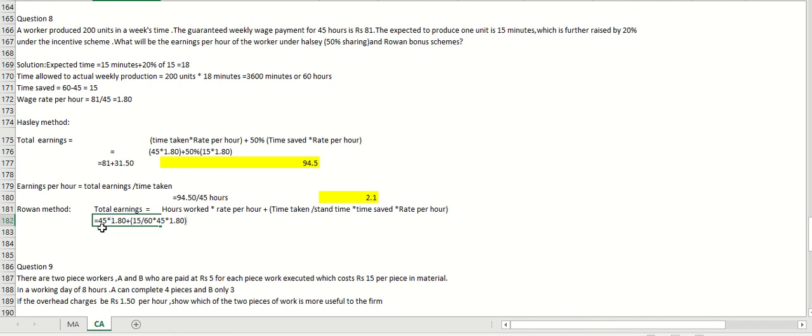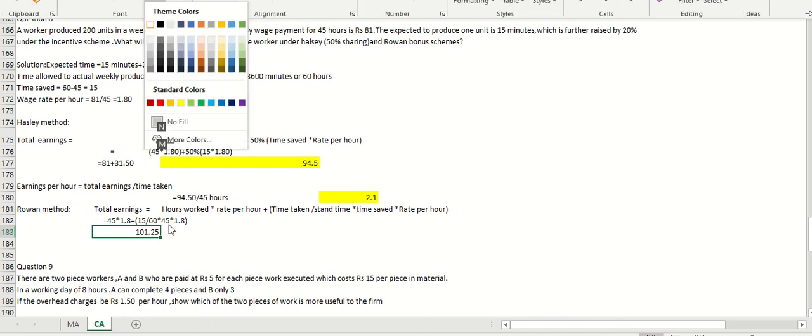So you get your answer to be 101.25. If you calculate it, you will get this as your answer.